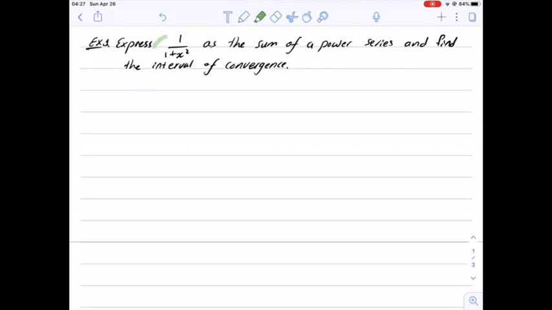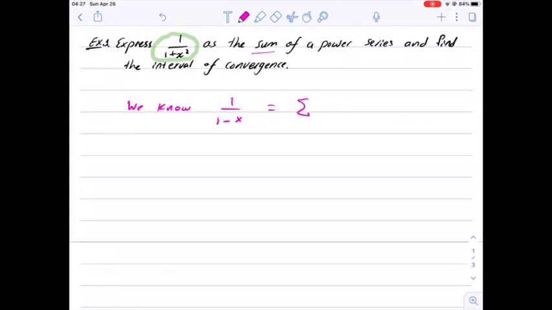We want to express the function 1 over 1 plus x squared as a sum of a power series and then find the interval of convergence. So we start with what we know. We know that 1 over 1 minus x is equal to the series x to the power n from 0 to infinity. Now we want to get this function.